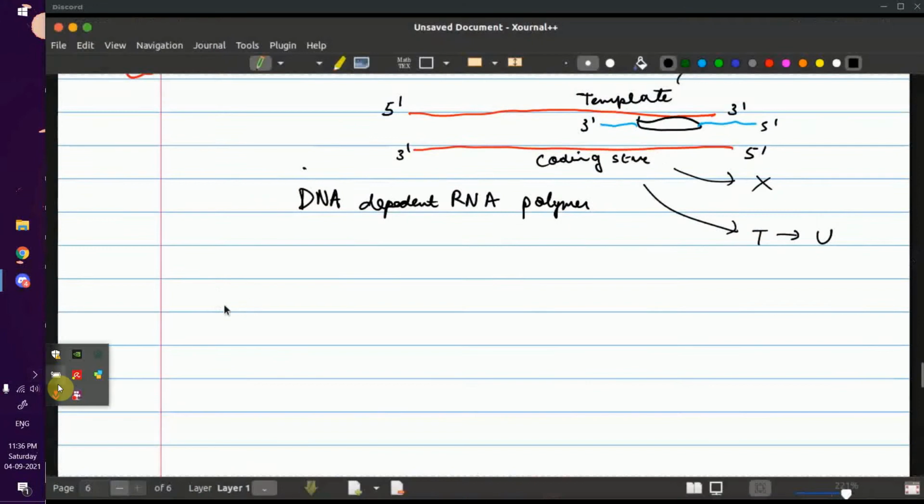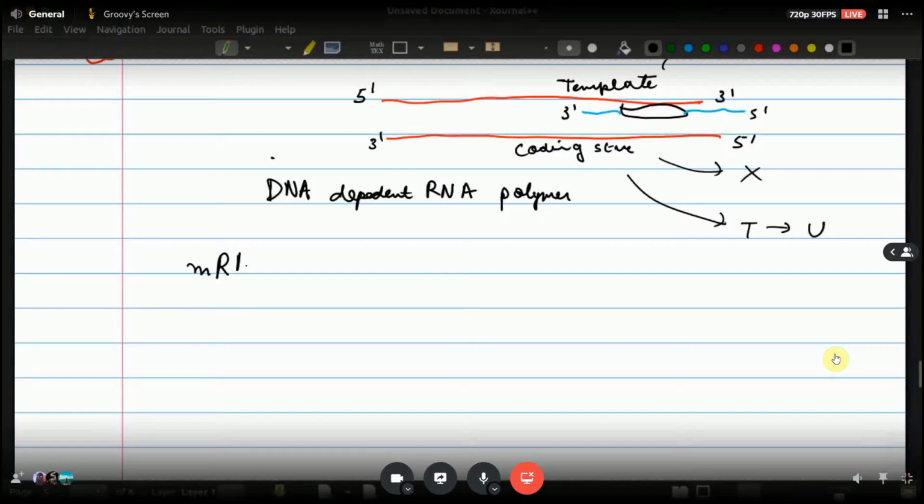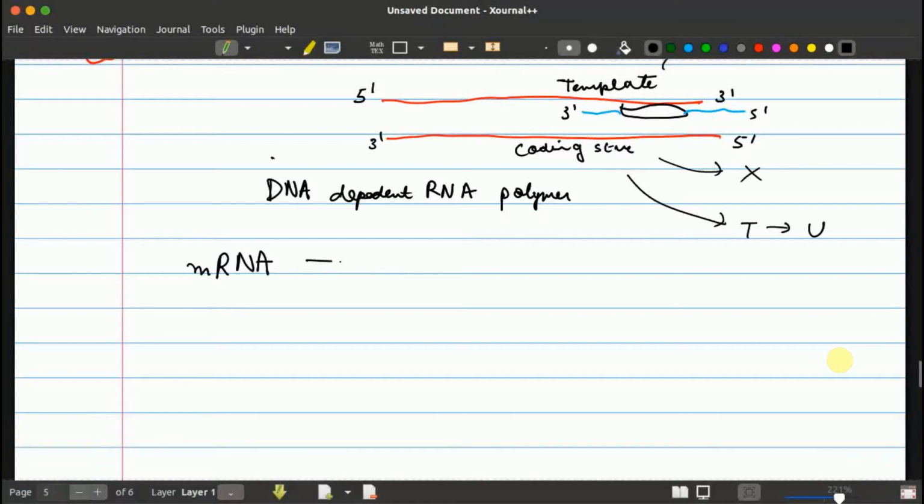That RNA is of multiple types. The most common is mRNA. We always seem to discuss that mRNA was messenger RNA. Then there was tRNA, transfer RNA. I'll give you a clue towards the third one.